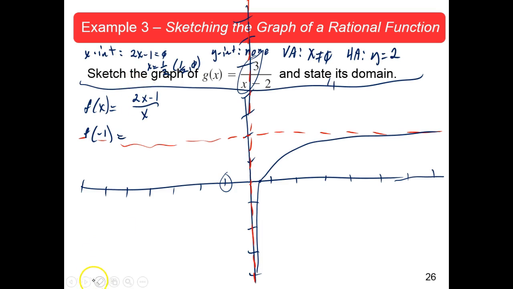What would that be? -3 over -1, which would be 3. So you're at 3, 1, 2, 3. There you are. I know where it's going now. Vertical asymptote that way, horizontal asymptote that way. There you have it. Done. Make sense? Okay.